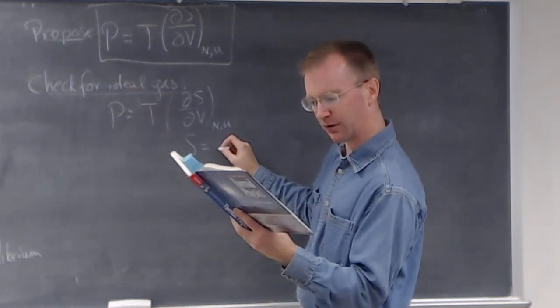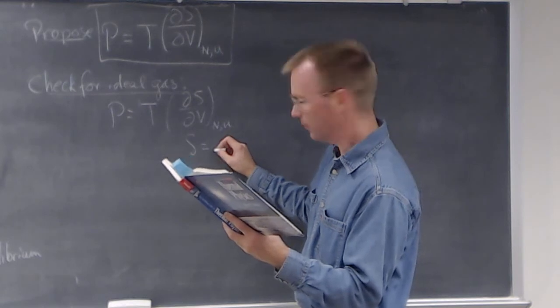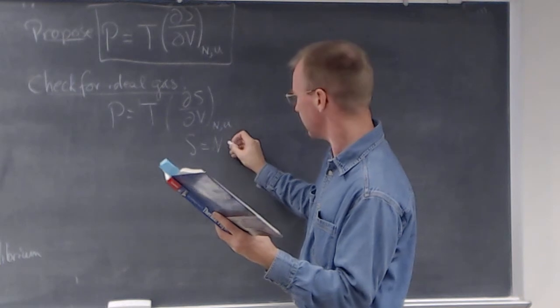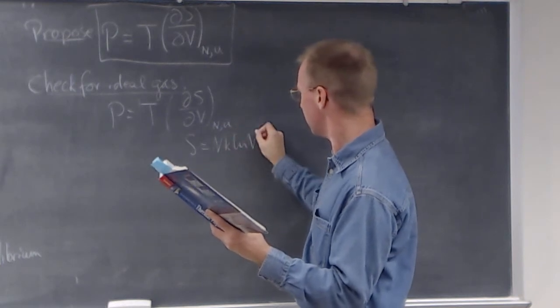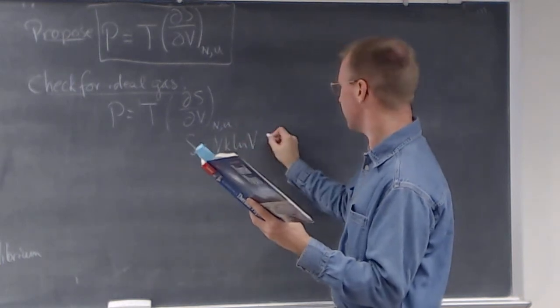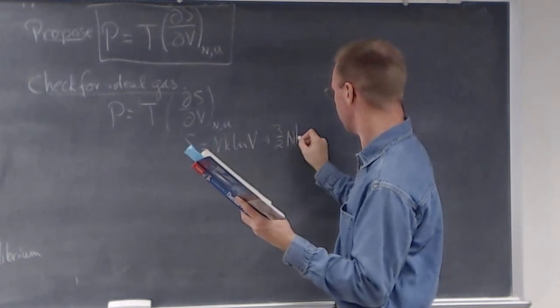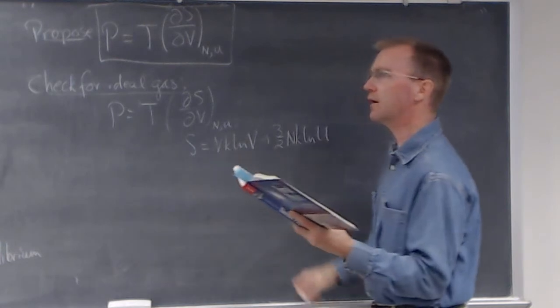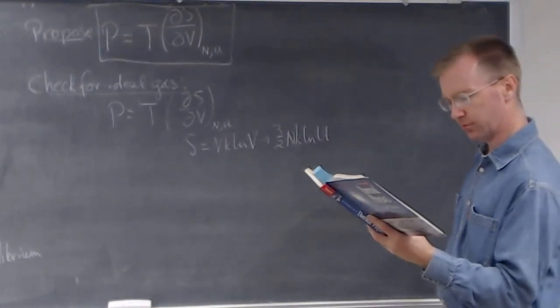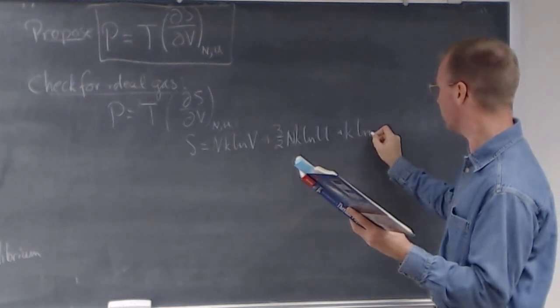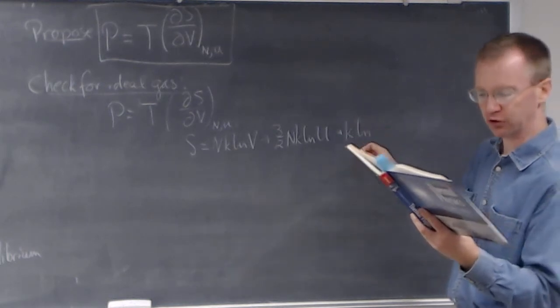We have that expanded form on it that we had before. So S equals NK log V plus 3/2 NK log U plus K log of some complicated function of number.